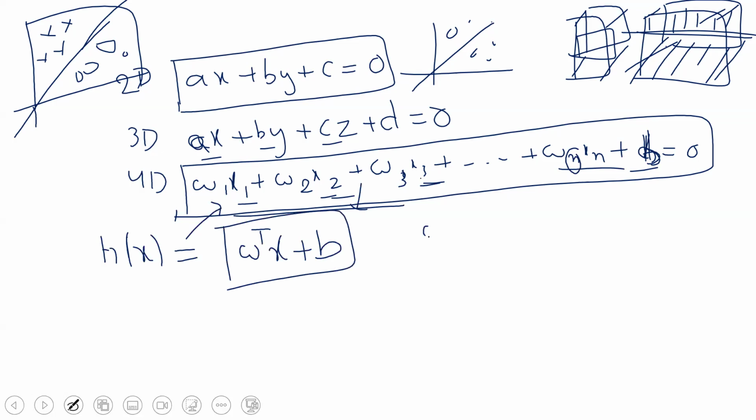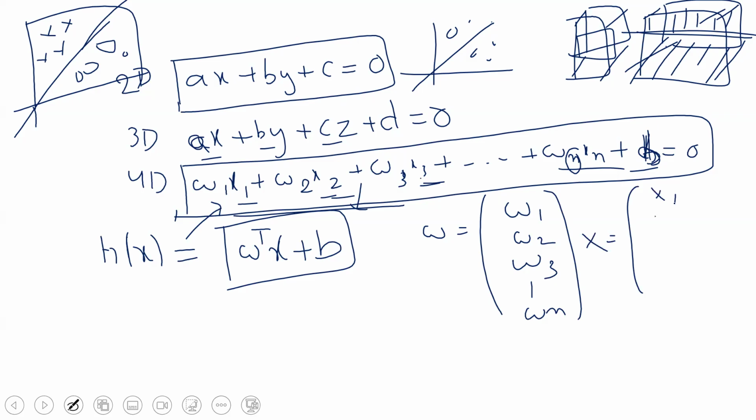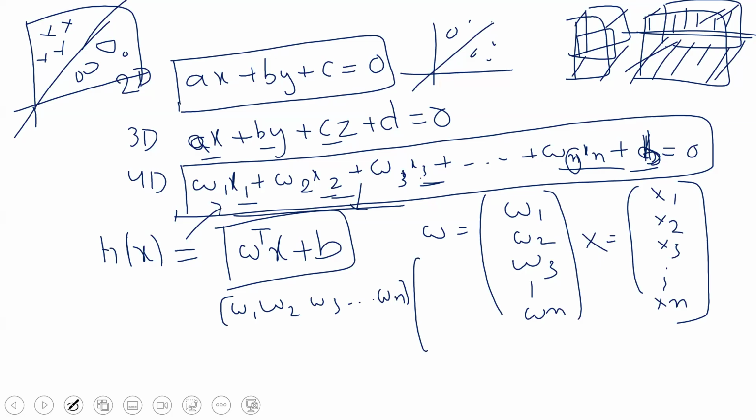What is W? W is nothing but W1, W2, W3, and so on up to Wn. What is X? X is nothing but X1, X2, X3, and so on up to Xn. Now what we are doing is taking a transpose of this, which becomes W1, W2, W3, and so on up to Wn, multiplied by x, which is x1, x2, and so on up to xn. So this is 1 by n and this is n by 1.